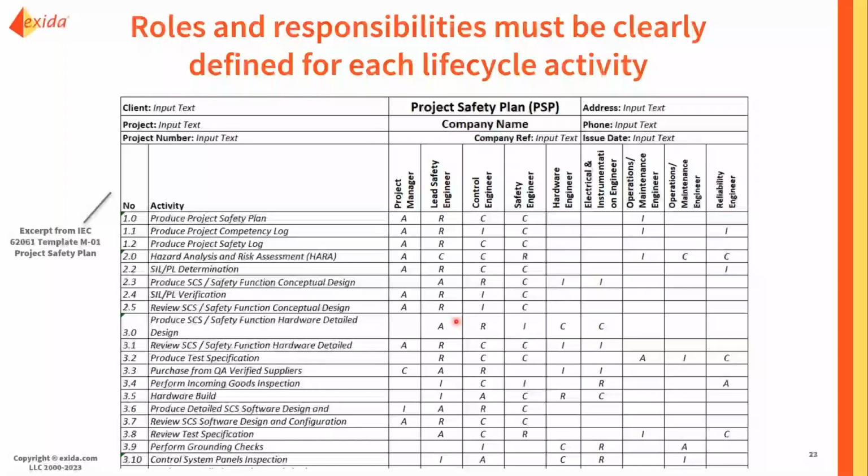And the really nice thing about RACI is it just helps make sure that we're not losing any communication from one step to another, that everything identified in the HARA is clearly communicated to the next person who's going to pick it up and be responsible for the SIL and PL determination, or that the correct SIL and performance level targets are given from the determination to the person doing the verification calculation. We need to make sure that that information flows from one step to the next.